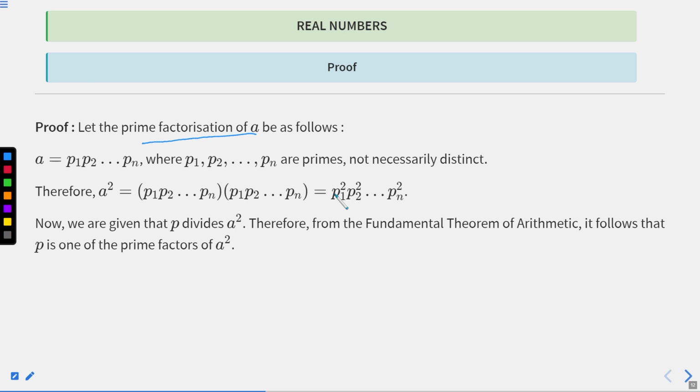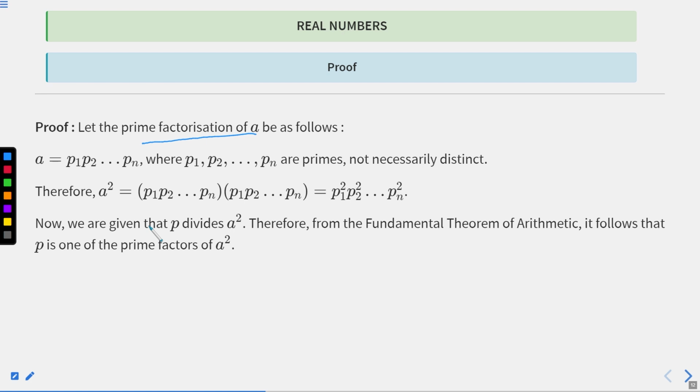Therefore if we now square a, a square is equal to p1, p2, p3 dot pn times p1, p2, p3 dot pn. And this is equal to p1 square times p2 square times p3 square times dot pn square.